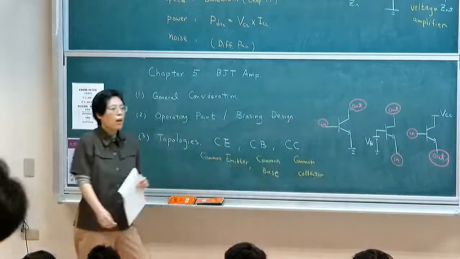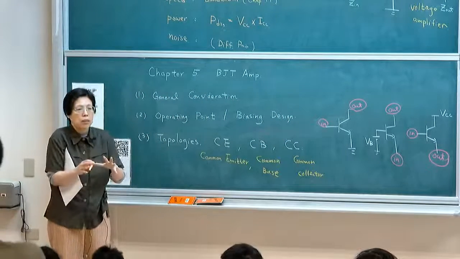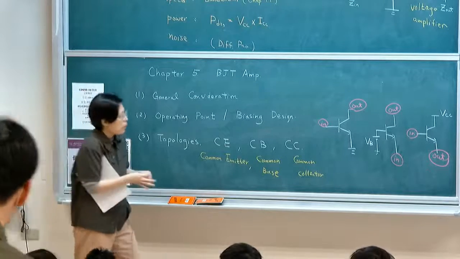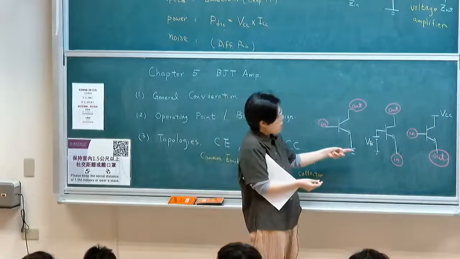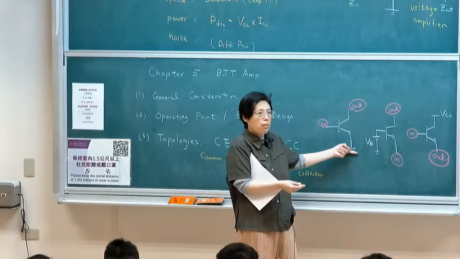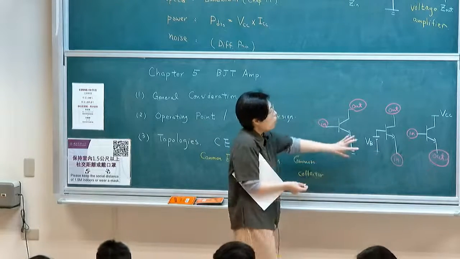Okay, so common typically means that those are the reference points. So if you look at the circuit architecture on the right, if I'm setting it to ground, it's typically common to AC signal or DC biasing.